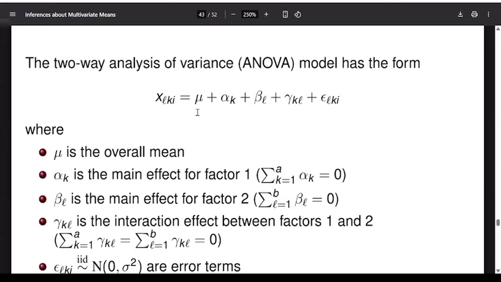Okay, now this is the model. When you are writing a model, I can ask you to explain what each term represents in the model. I have a treatment effect alpha for factor one, treatment effect beta for factor two. This guy is the interaction. Whenever you have two factors, there's possibility of interaction.